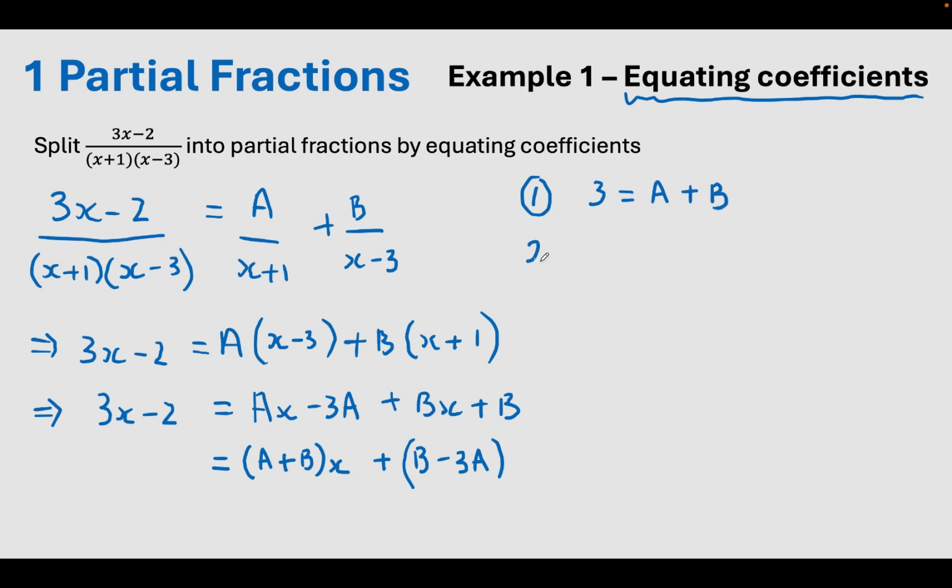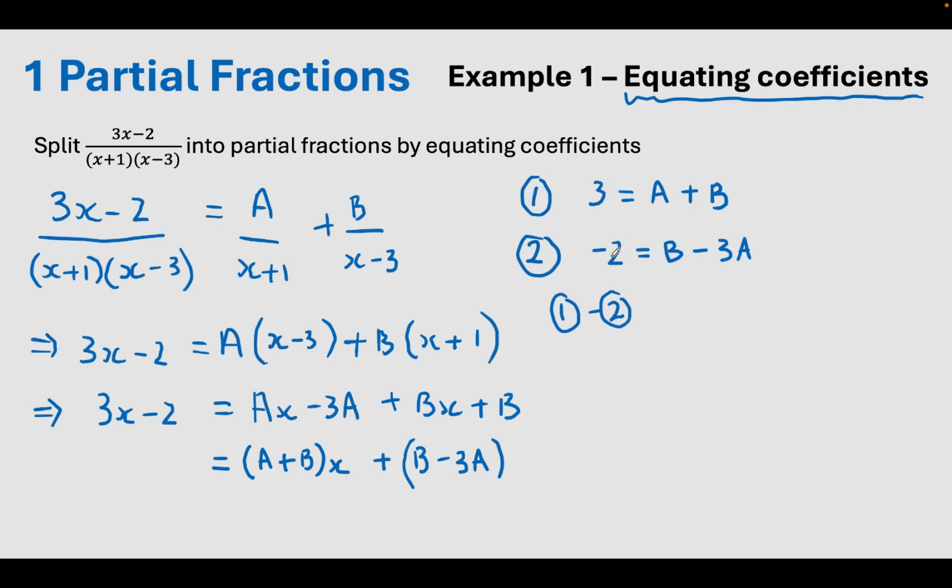And for equation 2, I will get minus 2 equals b minus 3a. Now from here, you can do it a couple of different ways. I'm going to do 1 minus 2.